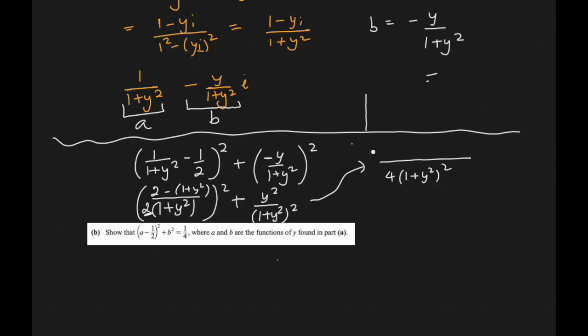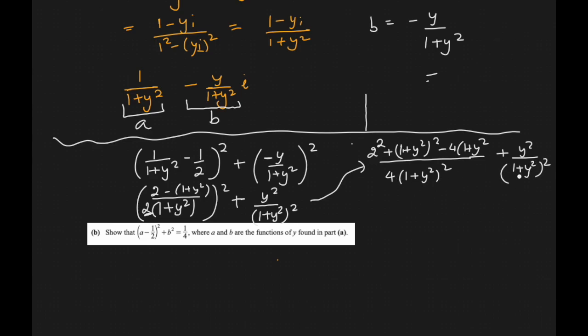It will become 2 square plus 1 plus y square minus 2 times 2, 4 times 1 plus y square, and we got this one as the second part, plus y square over 1 plus y square.